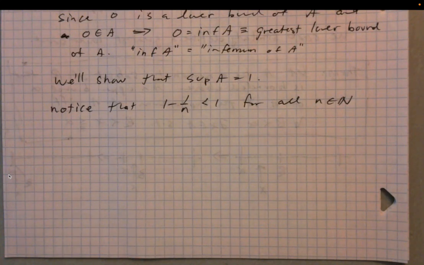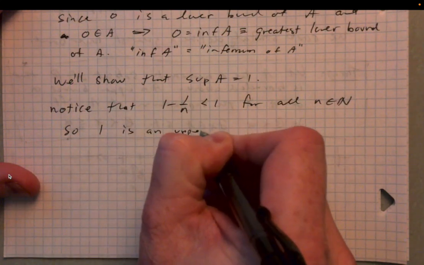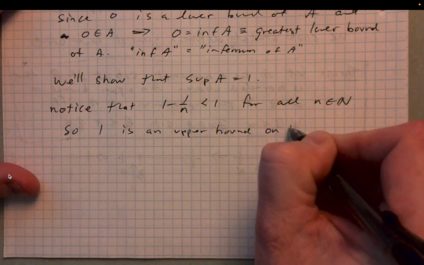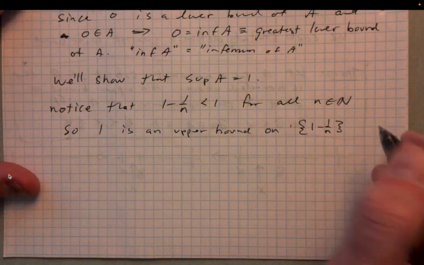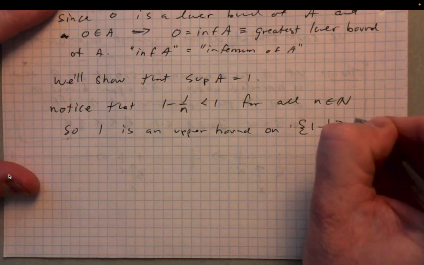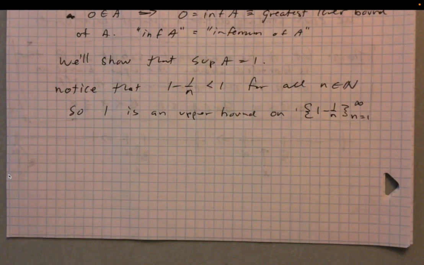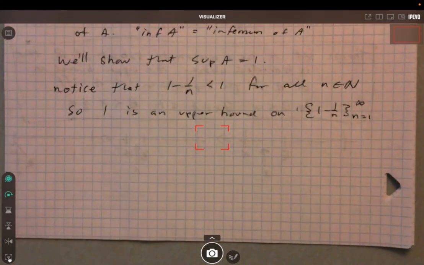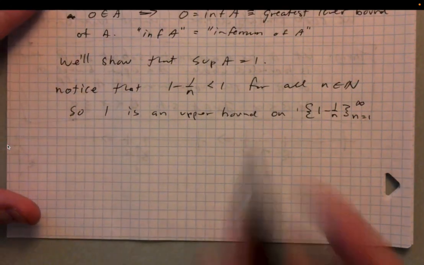So that tells us that 1 is an upper bound on the sequence 1 minus 1 over n, such that, well, we could say n equals 1 to infinity. This is some notation you may or may not be familiar with. So 1 is an upper bound on this set, basically.